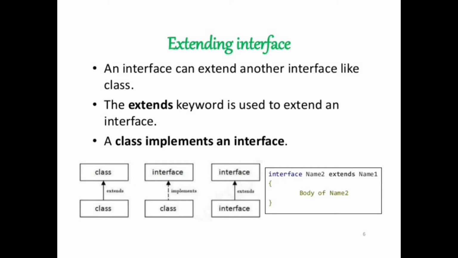Extending interfaces. An interface can extend another interface like a class. The extends keyword is used to extend an interface. A class implements an interface. Here the figure shows three cases.